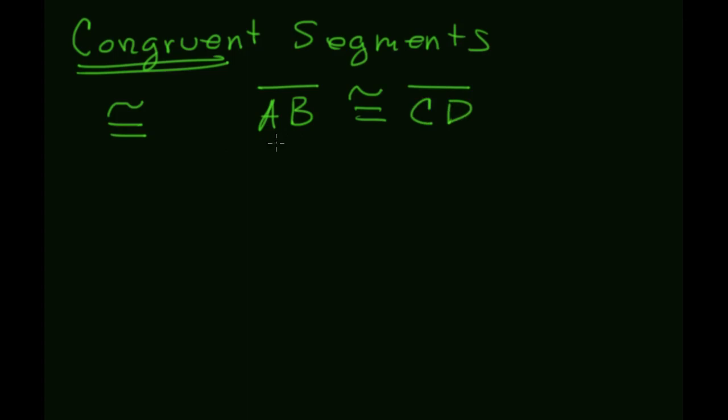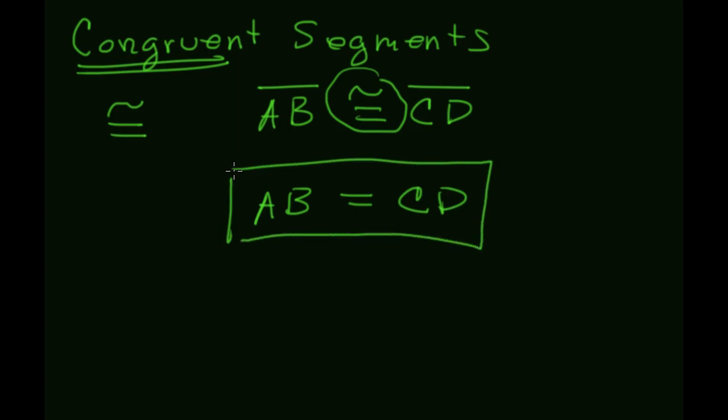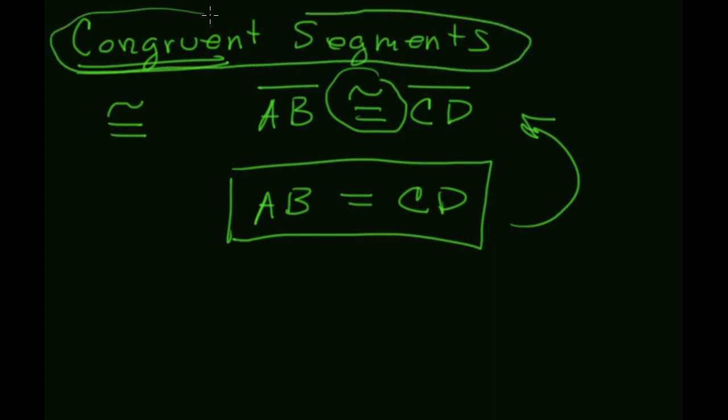So I have two segments, and I want to have some semblance of equivalence. All I mean by this is that the length of AB is equal to the length of CD, and I would find that length using our ruler postulate. So if I have two segments that are equal length, I call them congruent segments.